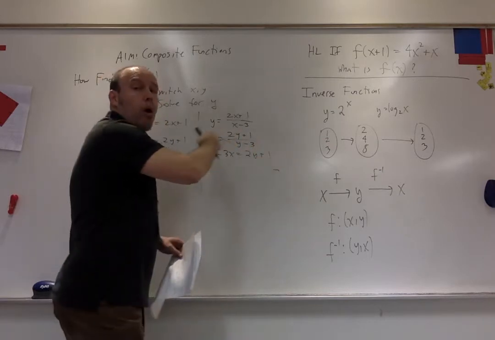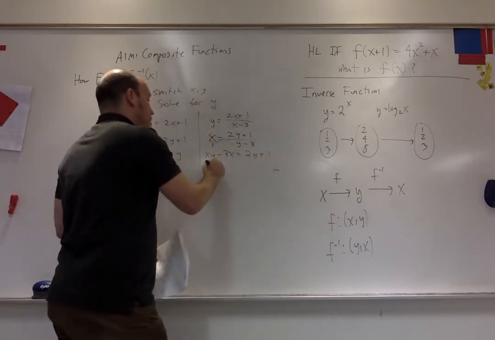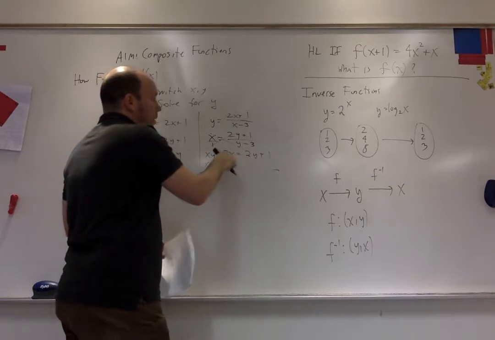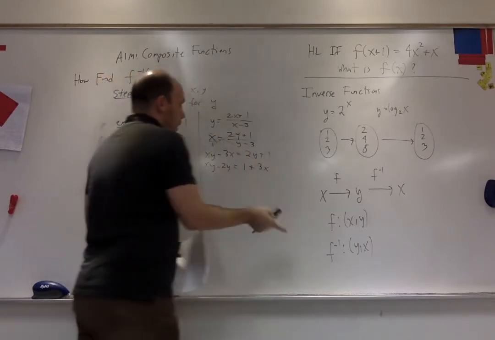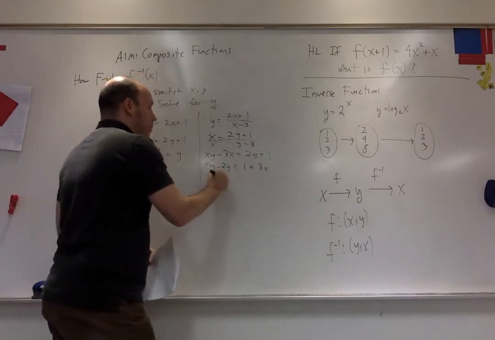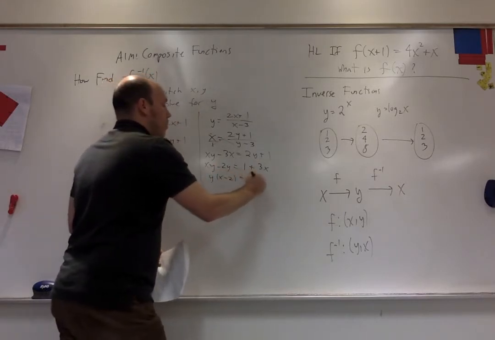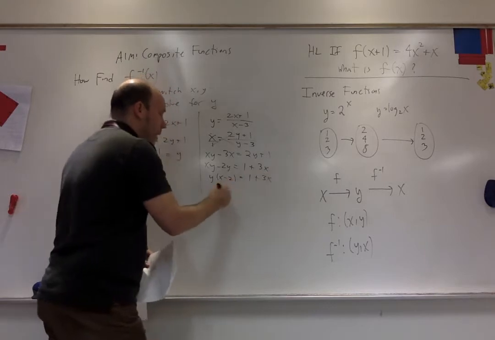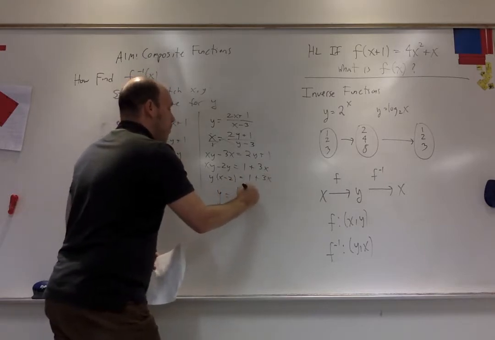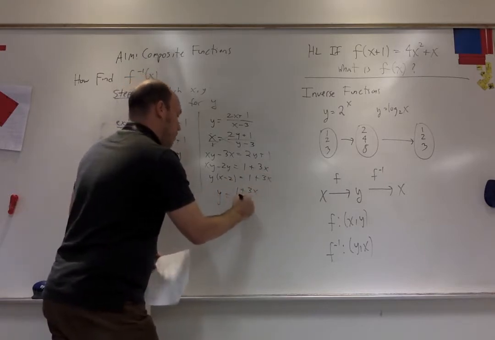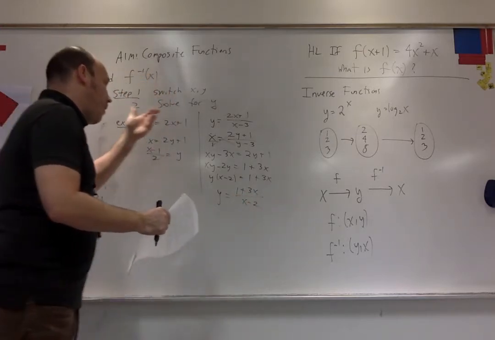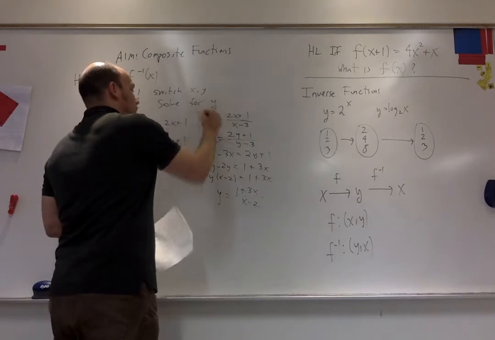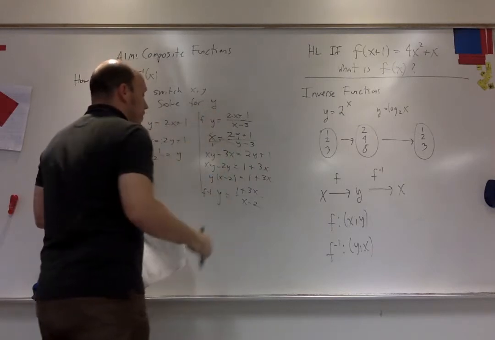I'm going to bring all the y's to the left, and bring this 3x to the right. I'm going to factor out the y here, and then solve for y. So this is your function, and this is your inverse function.